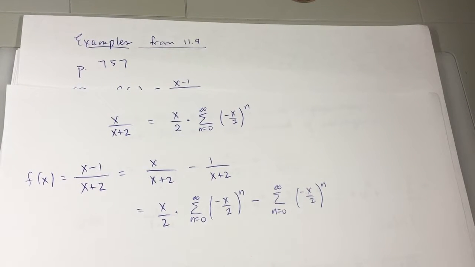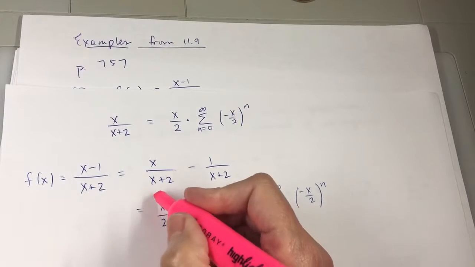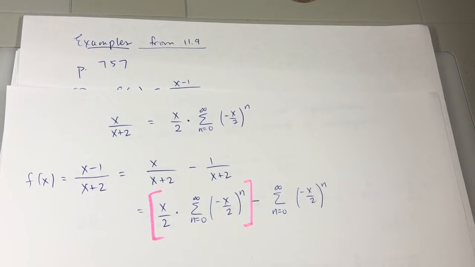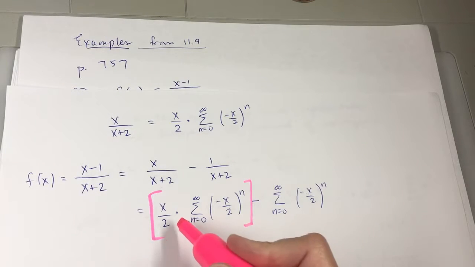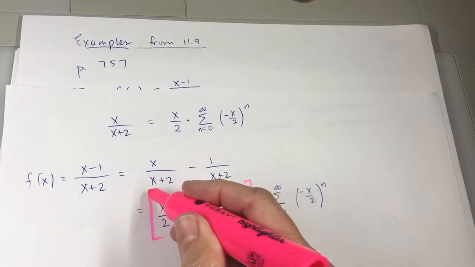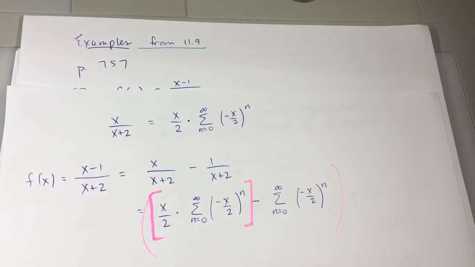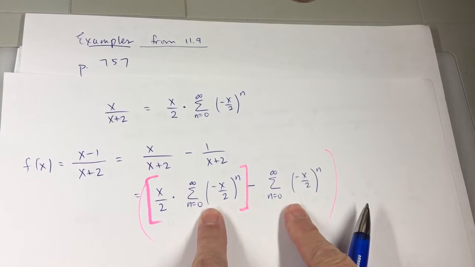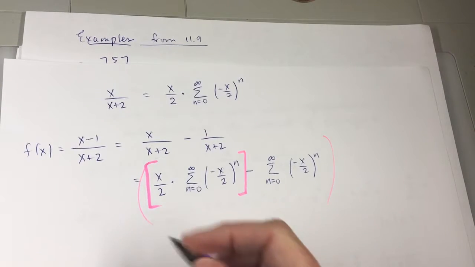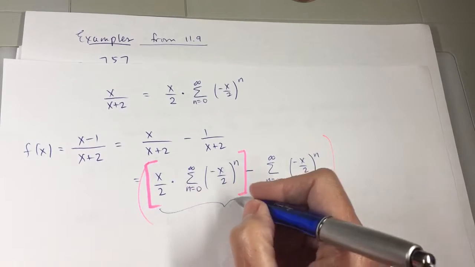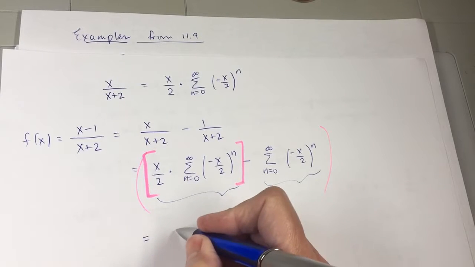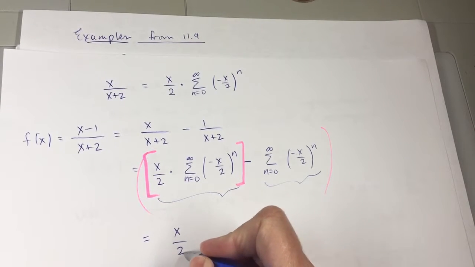I'm going to put brackets around this, but maybe I don't need to quite do that. You cannot do that subtraction until you do this multiplication. But if you look at this entire thing, I could say, let's go ahead and factor out this summation. I'm looking at this term minus this term. And if I factor that out, I'm going to put it at the back of the problem.